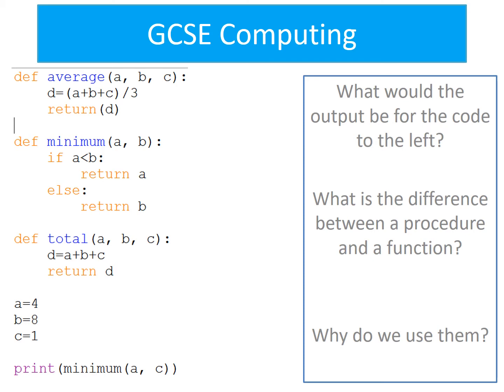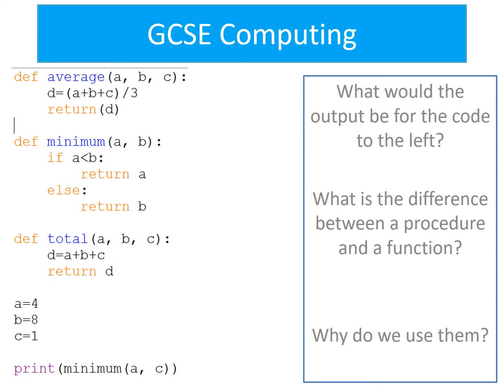These are local variables and have no resemblance to the a, b and c that we set earlier. However, they are set to the values that are sent to our procedure. It's expecting 2 and it's going to receive 4 and 1.